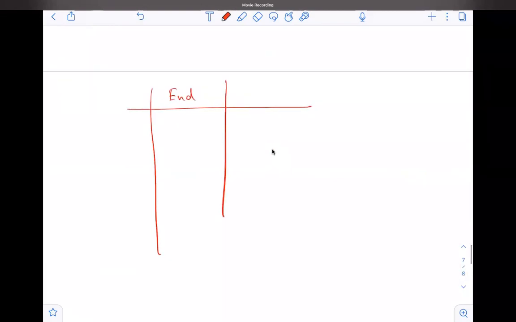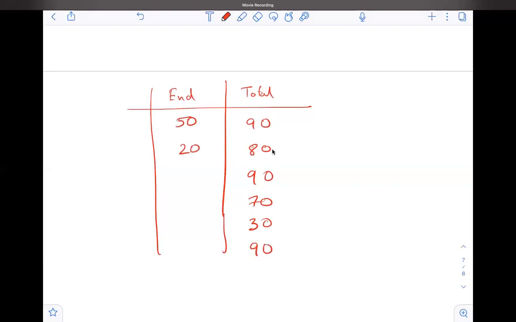So I have the total, say 90, 80, 90, 70, 30, something like that, and the end sem marks are maybe 50, 20, 70, 30, 10, 40, and so on. I'm just giving you some numbers.